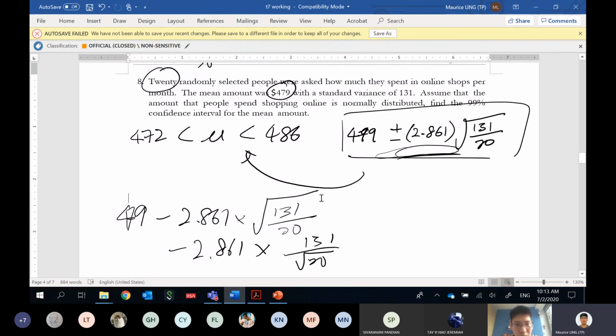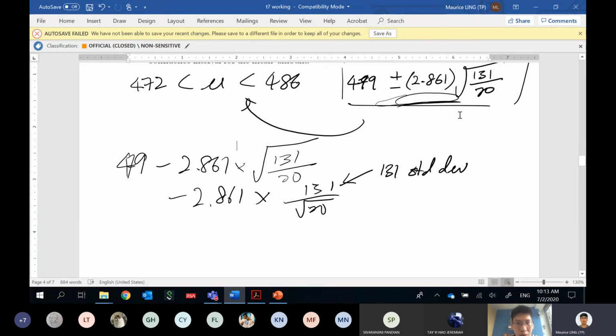Yes, sir. Okay, no, you can't do that because this is variance. And when you calculate it, if you're doing this, you're assuming that 131 is actually the standard deviation. So it's wrong. So by right, you're supposed to take 479 plus minus 2.861 multiplied by square root of 131 divided by square root of 20.